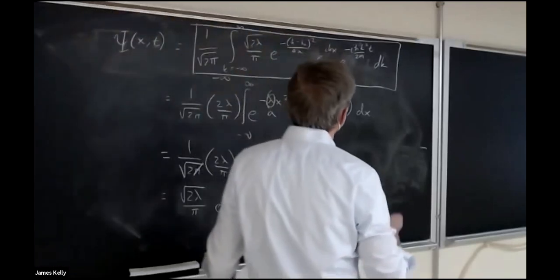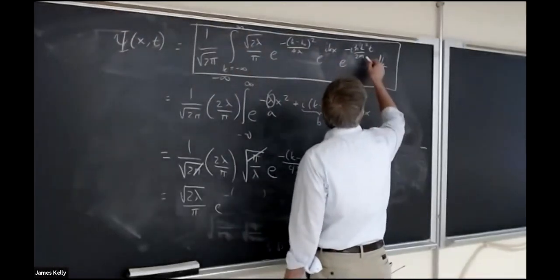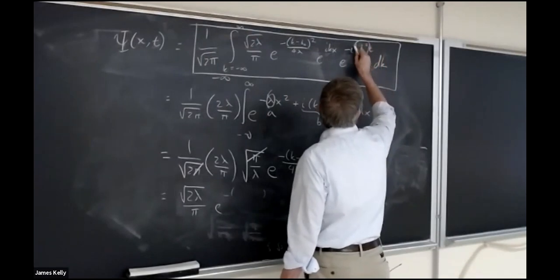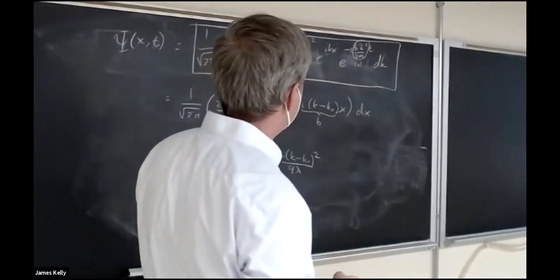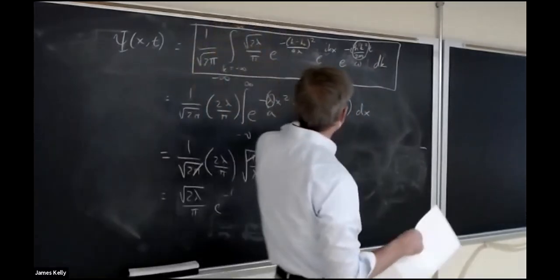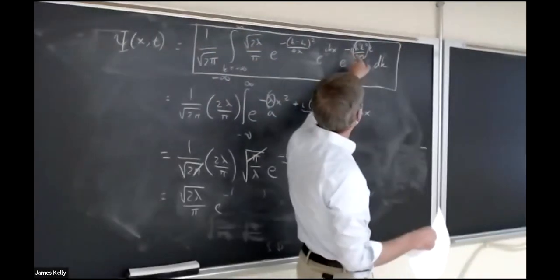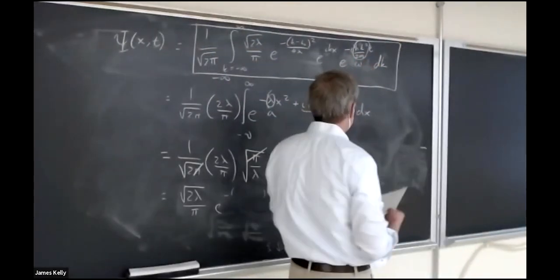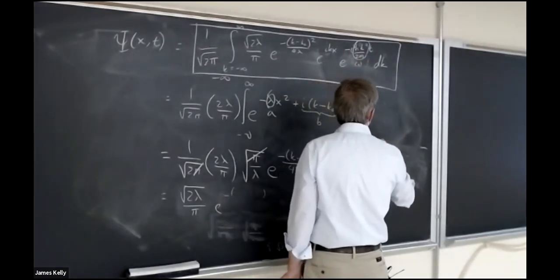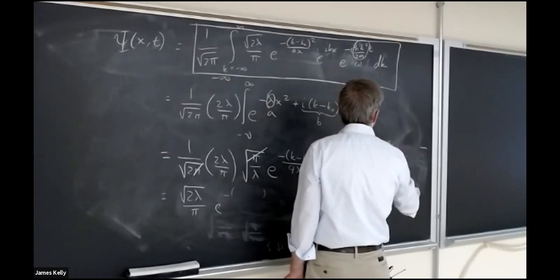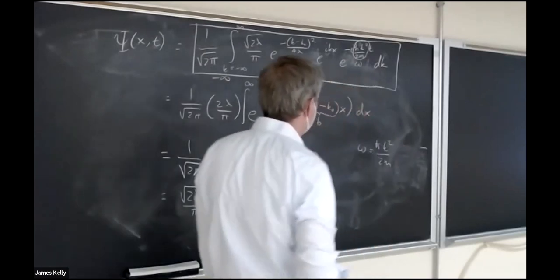Well, notice this is our omega here. Omega is a function of k, right? Sometimes people write this as e to the minus I omega t. So for us here in this form, omega is h bar k squared over 2m. That's omega as a function of k.